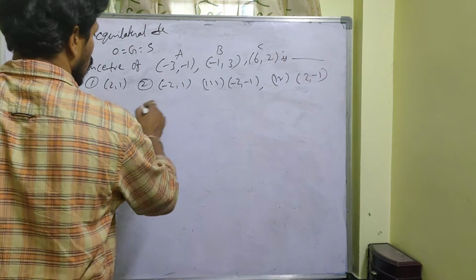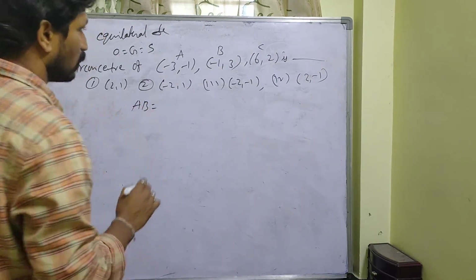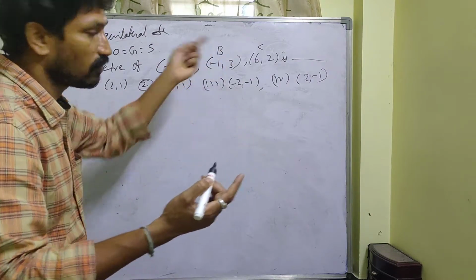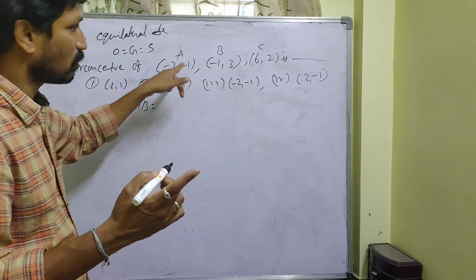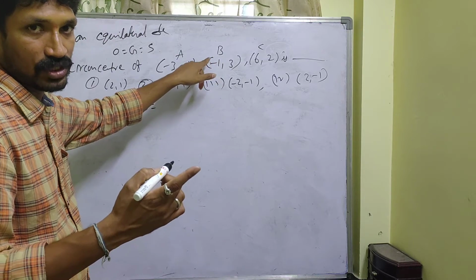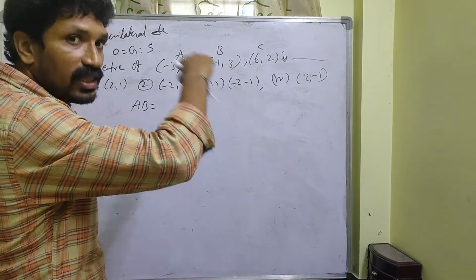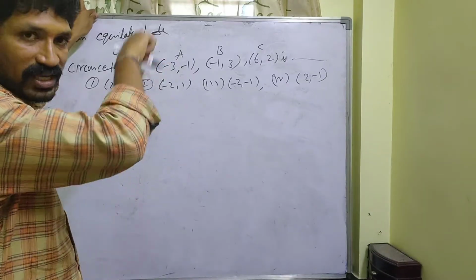See here, first you find the side length AB. Of course, it is not in that form, but you don't say it is not a right angle triangle just by observing the positions of the points. Whenever it is not in that form, we have to check by side lengths.